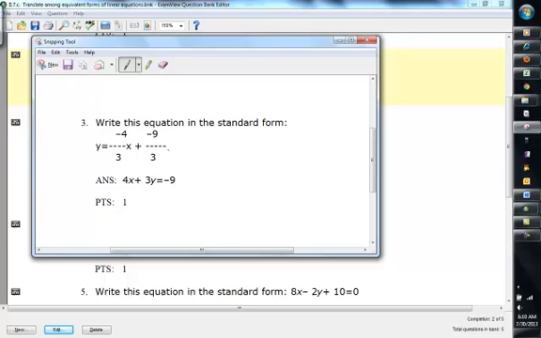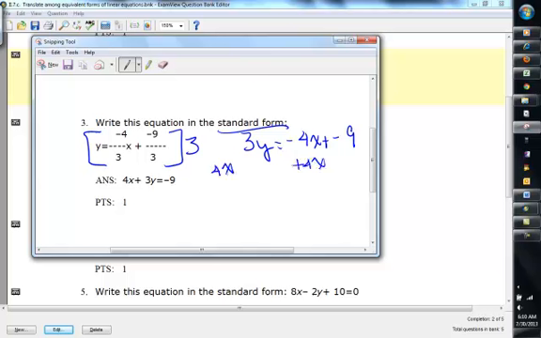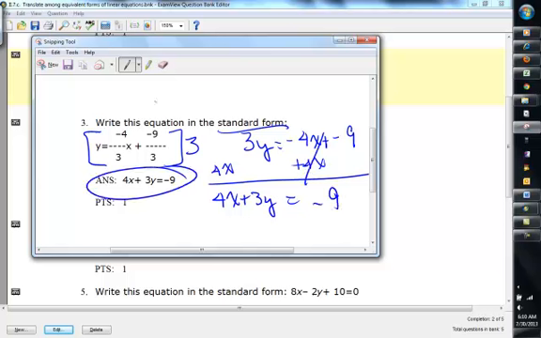Okay, so the first thing that we would do would be to get rid of the denominators by multiplying everything by 3, and we get 3y equals negative 4x plus negative 9, and now we want the standard form, which has x first, so let's add 4x to both sides, and we get 4x plus 3y equals negative 9, which is the standard form right there. Next one.